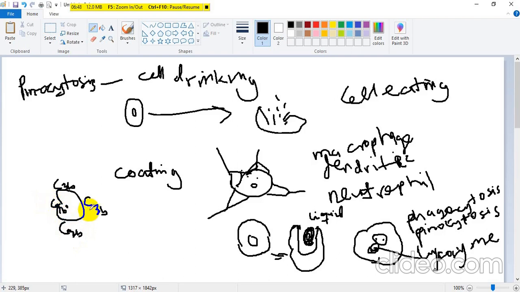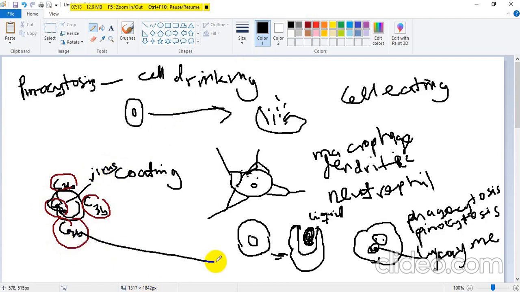This C3b is produced by the body, by the human host. So when the immune system recognizes the C3b, which has coated this virus, then the immune system will be awakened. The macrophage will be produced to come and feed on it because it has been coated.